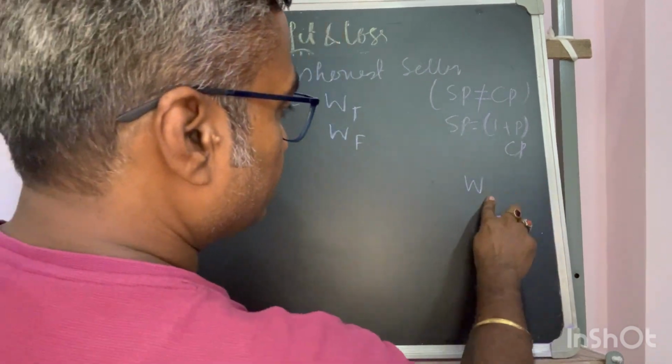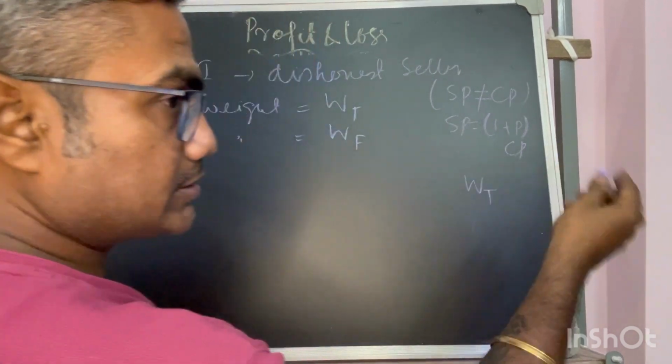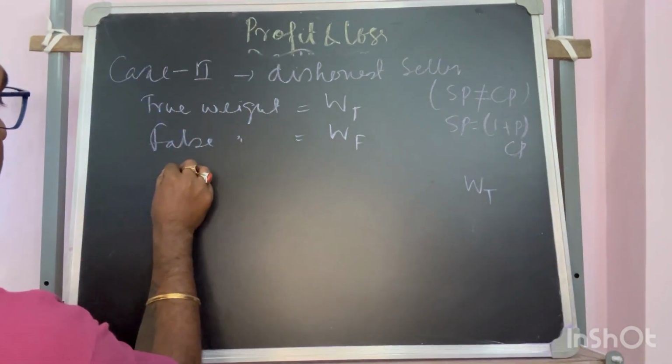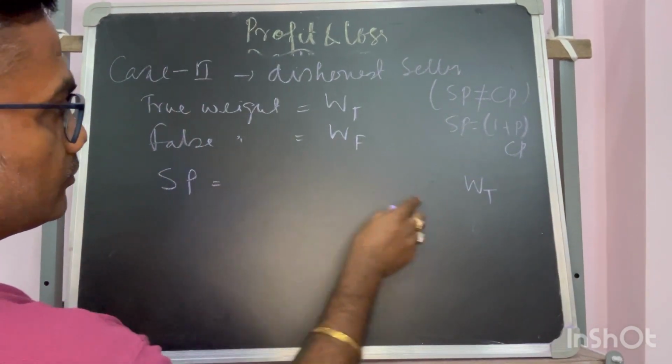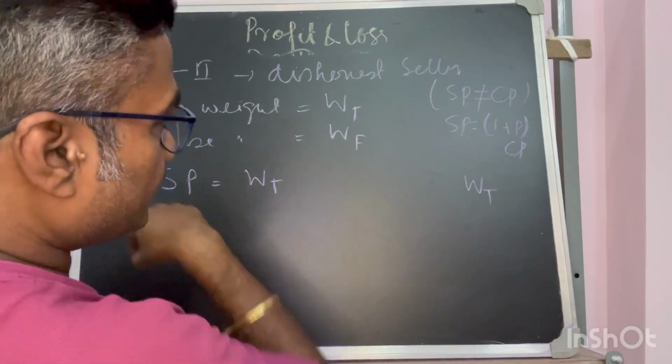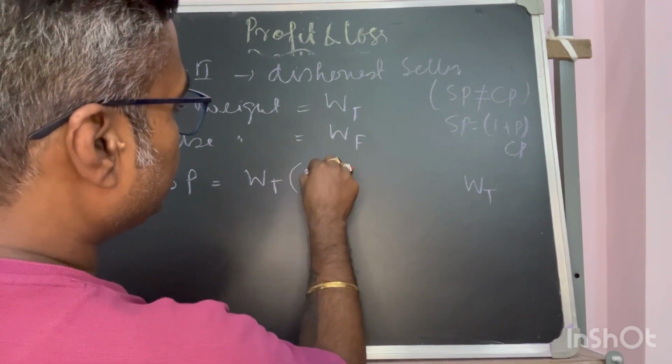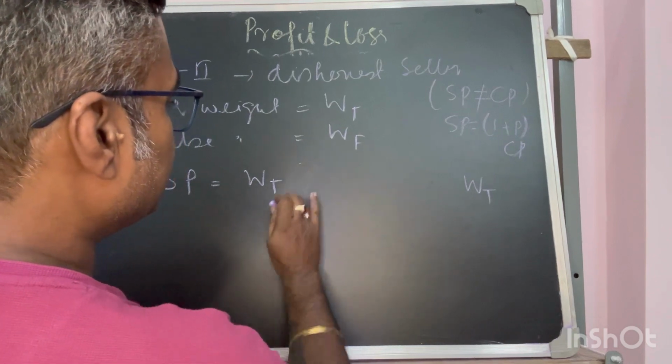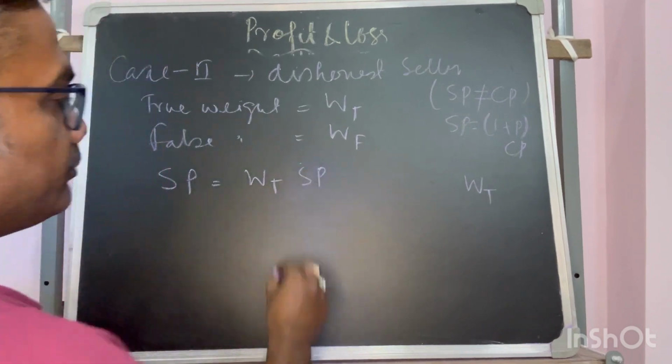this one, means for what he is getting money. So the sales price for what he is getting money is the actual weight, true weight, into the sell price per unit weight.